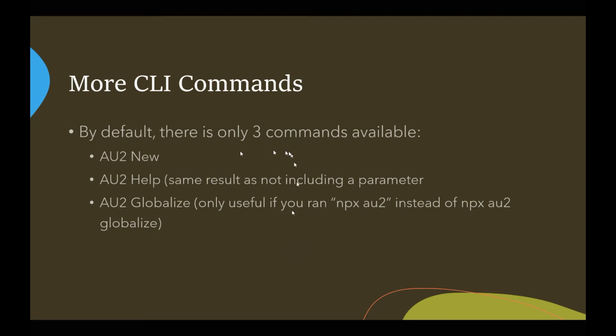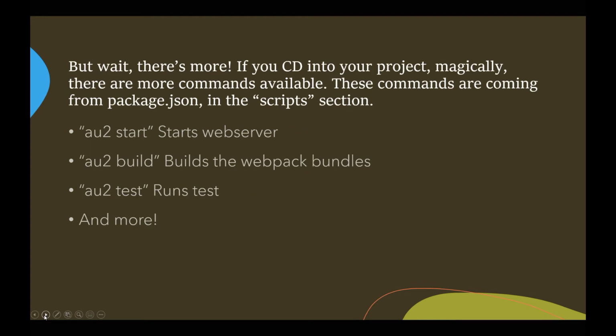All right, so as I showed you, after you install, there's only 3 commands, the au2, new, help, and globalize. But wait, there's more. If you cd into the project, magically there are more commands available.